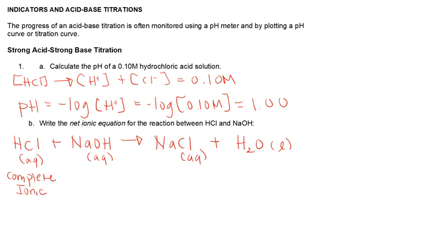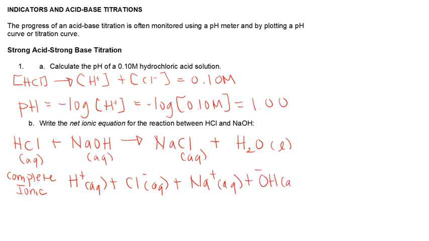we get H plus aqueous plus Cl minus aqueous plus Na plus aqueous plus OH minus aqueous goes to Na plus aqueous plus Cl minus aqueous plus water.